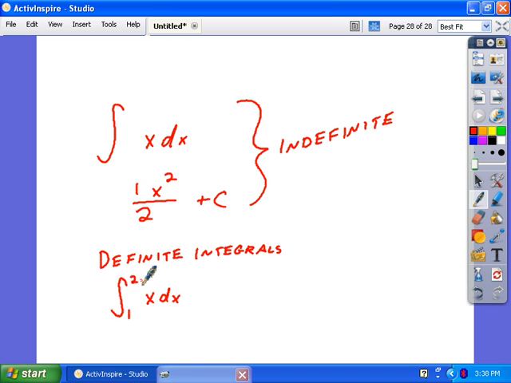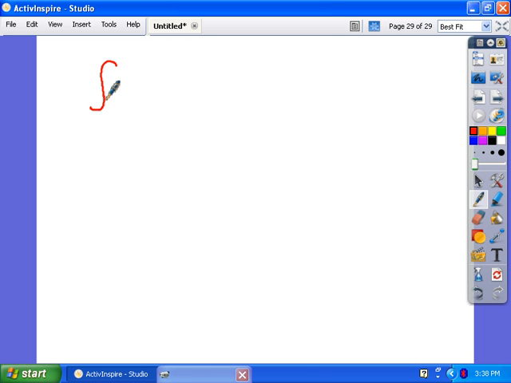I'll move on to the next page here, it'll be easier. Integration over here stays exactly the same. The only thing that's going to change now is we don't have that c value. Now we're going to have 1/2 x squared, and I'm going to move it over to a bracket here, 1 to 2.